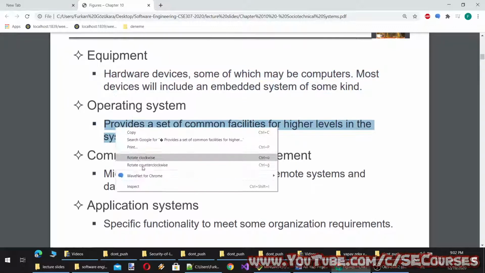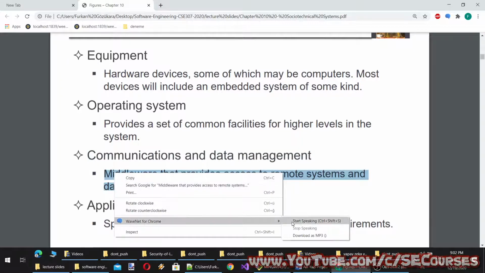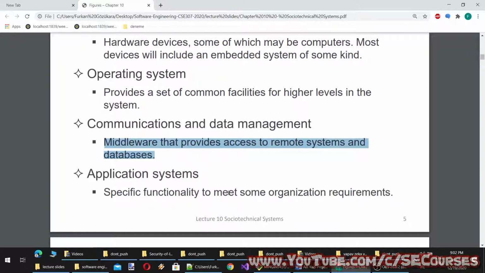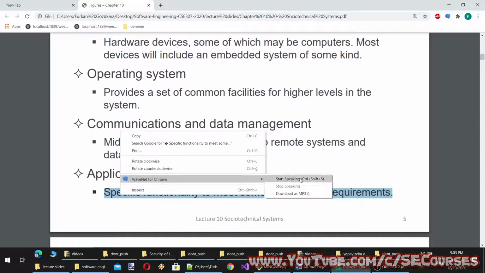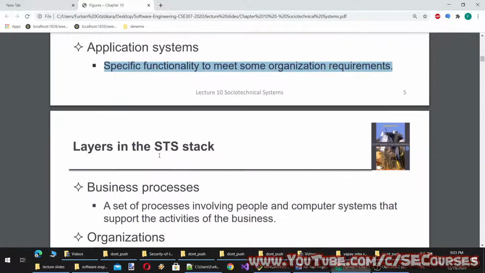Operating system: provides a set of common facilities for higher levels in the system. Communications and data management: middleware that provides access to remote systems and databases. Application systems: specific functionality to meet some organization requirements.